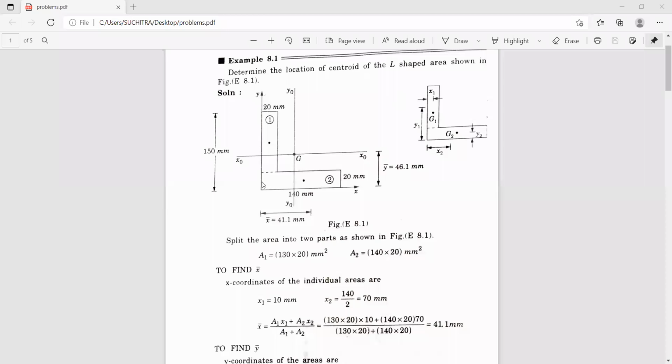You can see here from this point to this point, this width is 140 millimeters. So half of this will be your x2, that is 140 divided by 2. You can see here it is 70 millimeters.